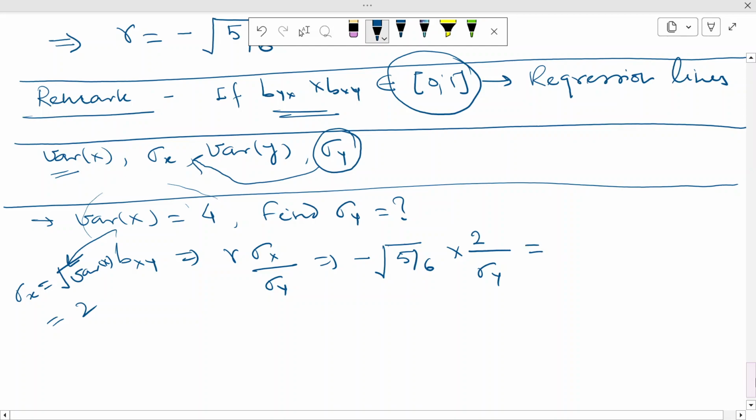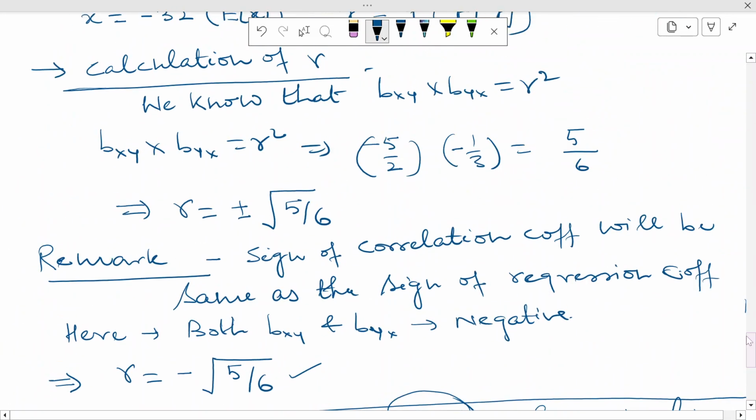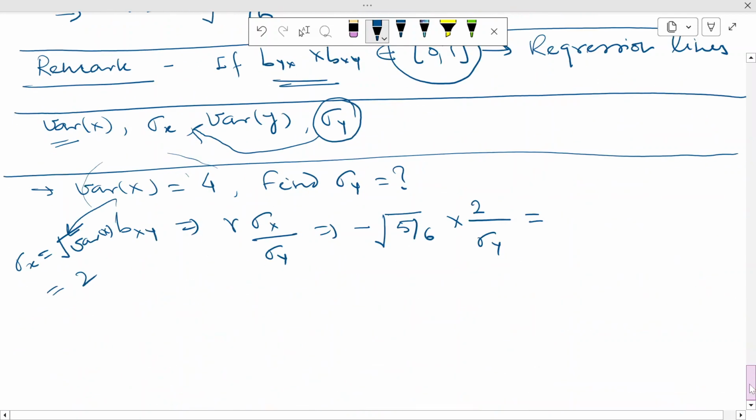The value of bxy is minus 5 by 2. These negative signs cancel each other, and from here we obtain that root 5 by 6 is equal to 5 by 4 sigma y.